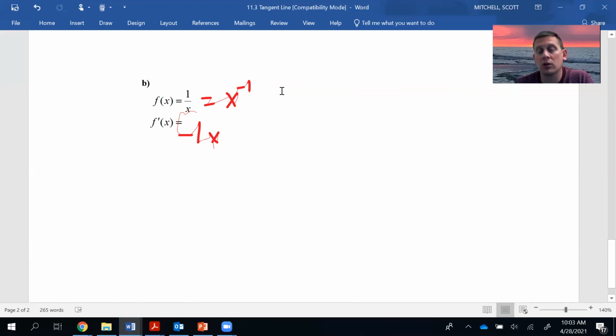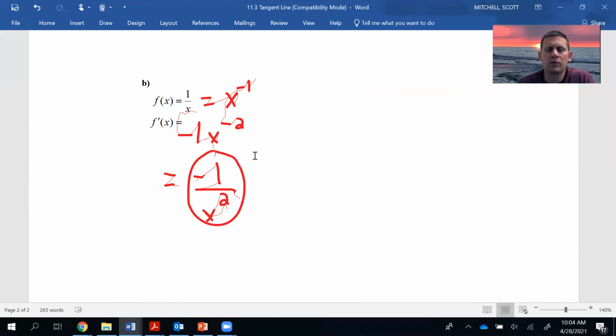So if I owe you $1 and I borrow 1 more, that means I owe you 2. And then that's it. But now we do need to simplify. So I'm going to leave the -1 on the top. I'm going to put my x on the bottom. And when I do that, my exponent becomes positive. So there is my derivative.